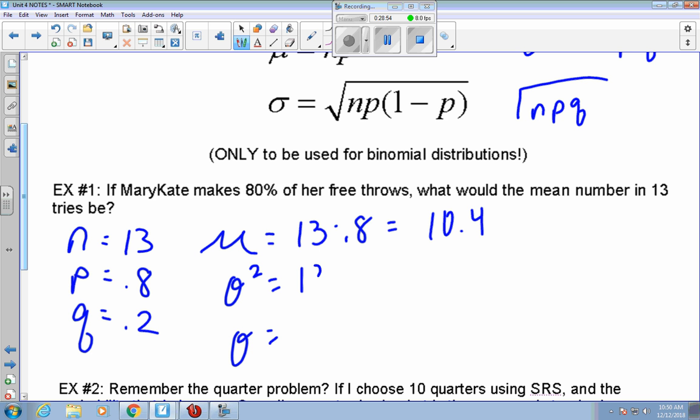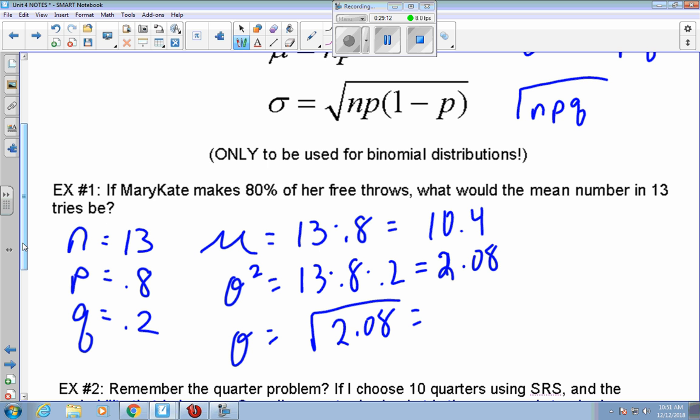And you have 2.08. And then the square root of that. And what do you get for the square root? 1.44. Okay, that's good.